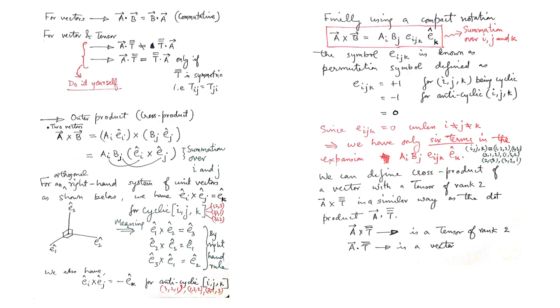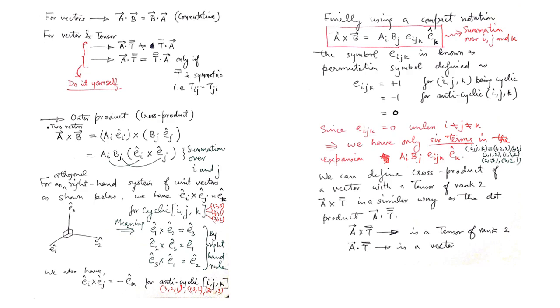So it's a self-verification exercise, that's why I've written do it yourself. In general, it is not commutative. However, it will be commutative, A dot T equal to T dot A, only if the second rank tensor T is symmetric.